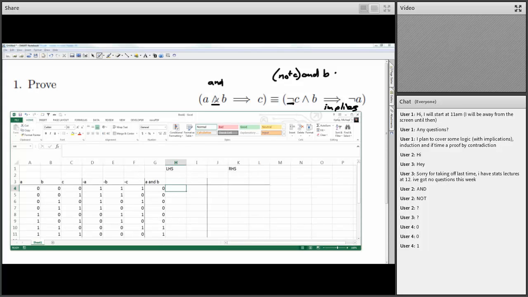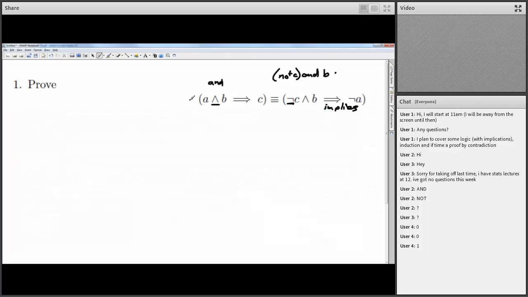So what I ultimately want to do is the left-hand side, A and B implies C. So let's think about what that means a bit more. We tend to know ands, ors, and nots a bit more clearly. There is a truth table for P implies Q, but I think for most people, it's going to be easier just to convert this into things you're a bit more familiar with.